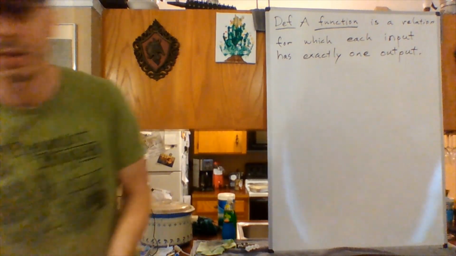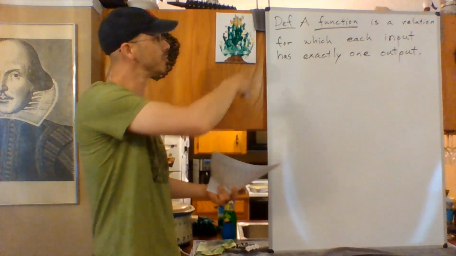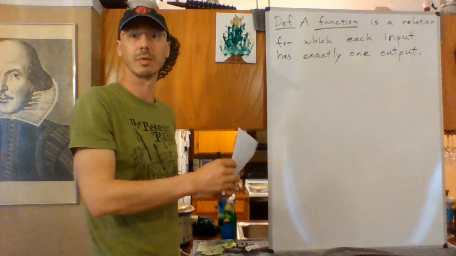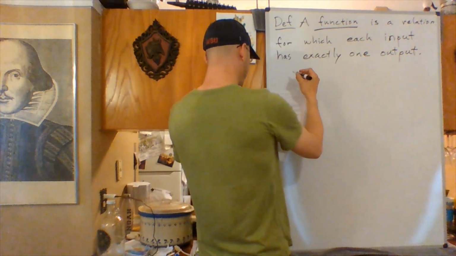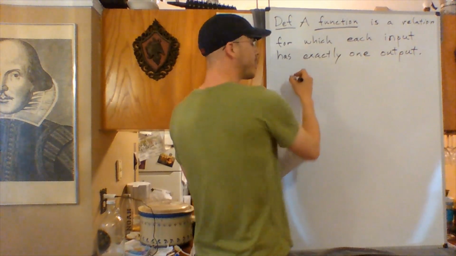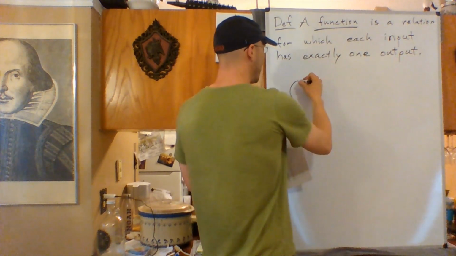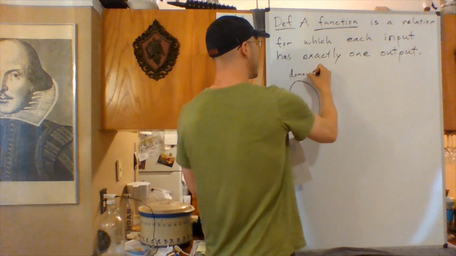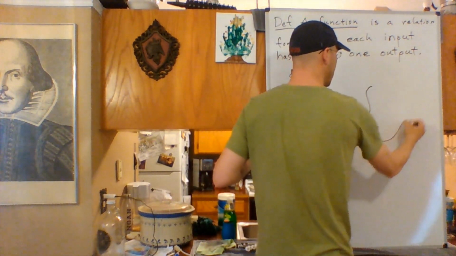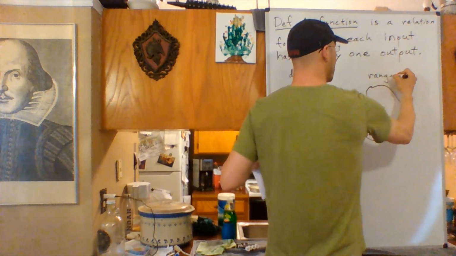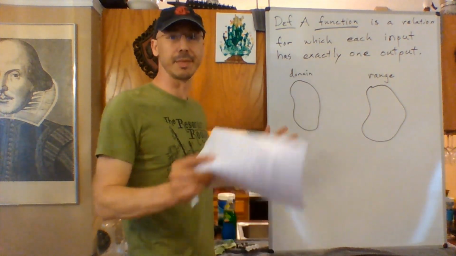To look at some conceptual pictures of this, we'll look back at some ordered pairs, versions of functions and non-functions, to see what they are and aren't. But before we get to that, let's look at the map picture of a function, which is to have a domain and a range, written as these abstract blobs that it doesn't matter what they're shaped like.